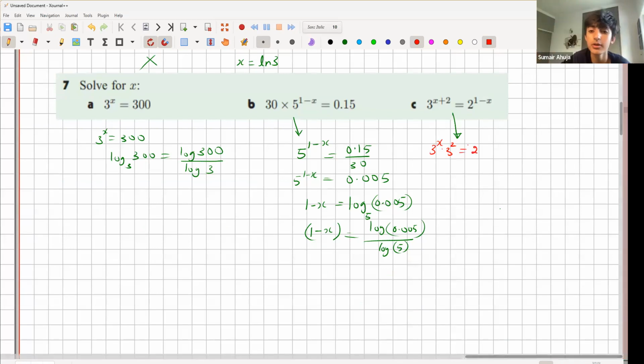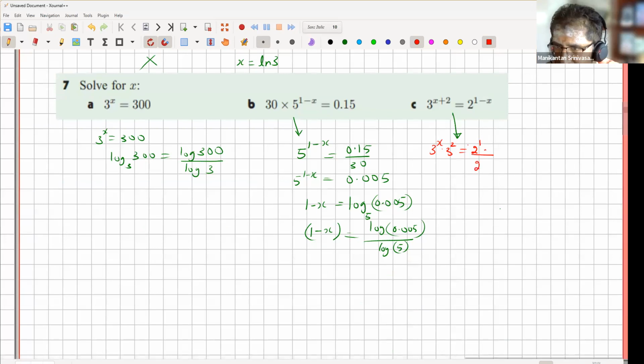Then I wrote 2 raised to 1 minus x as 2 into 1 by 2 raised to x. Okay, so you wrote it like this: 2 into 1 by 2 power x.